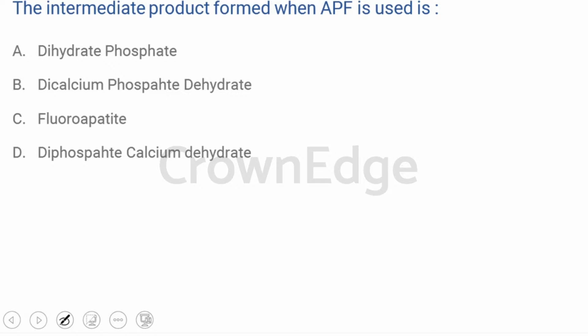So the amount and depth of formation of fluorapatite will depend upon the amount and depth of DCPD formed. If more DCPD is formed, your fluoride action is also going to have the equivalent amount and depth of anti-cariogenic effect.